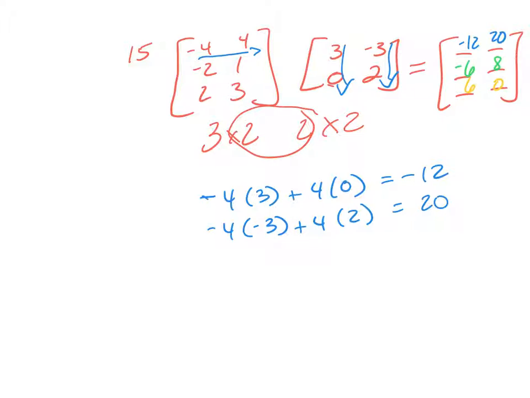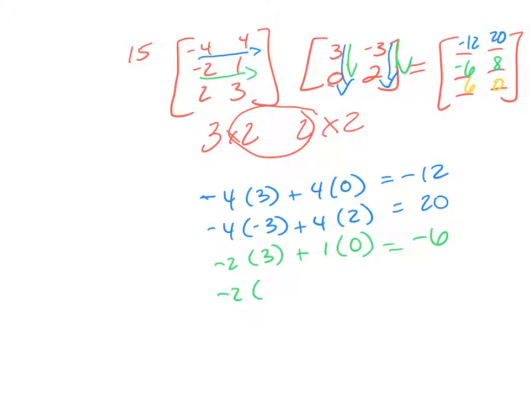Now for green, you're going to do this and then both of these. Okay? So the first one is negative 2 times 3 plus 1 times 0, which is negative 6. And the second one is the second column.